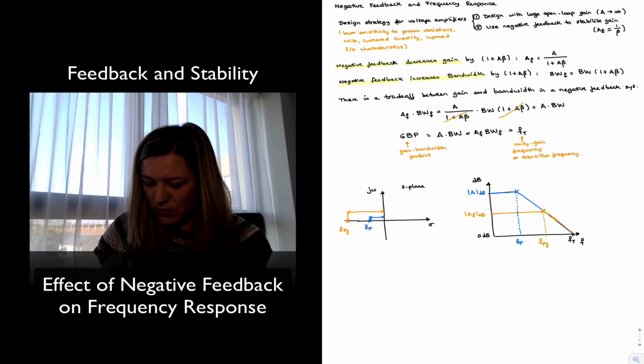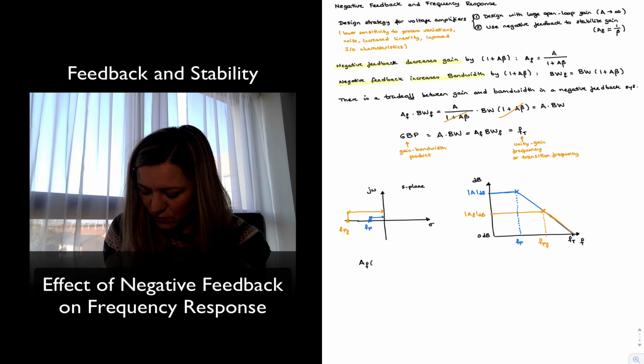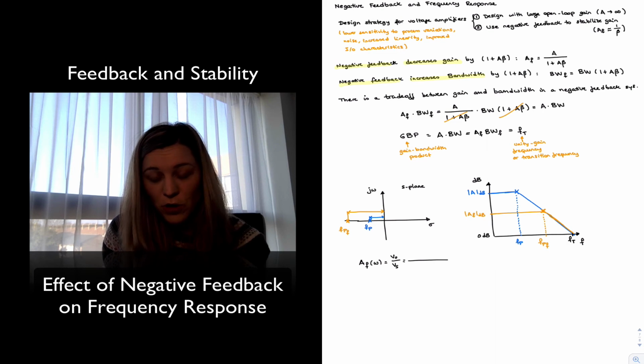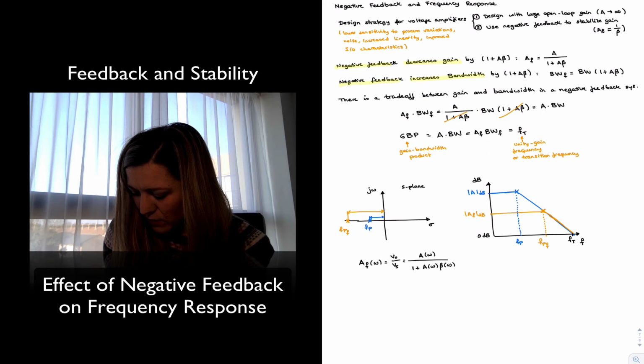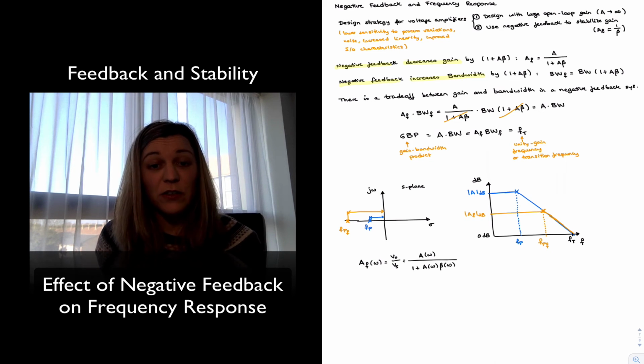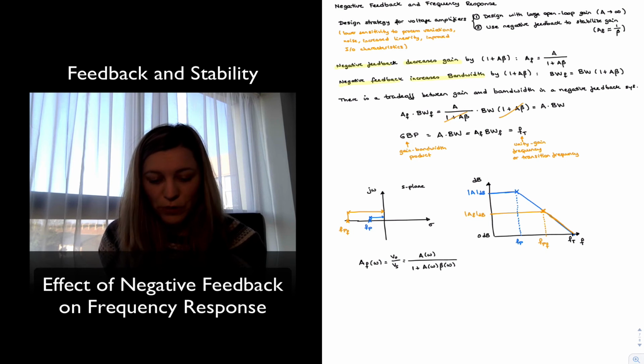So let me write the equation here. Imagine that we have our feedback system as a function of frequency. Again, it's just going to be the ratio of V out over Vs, and we have seen that it is equal to the open loop gain divided by the amount of feedback. So this will be A as a function of frequency divided by 1 plus, in the most generic case, both the feed-forward gain as well as the feedback factor are going to be functions of frequency.